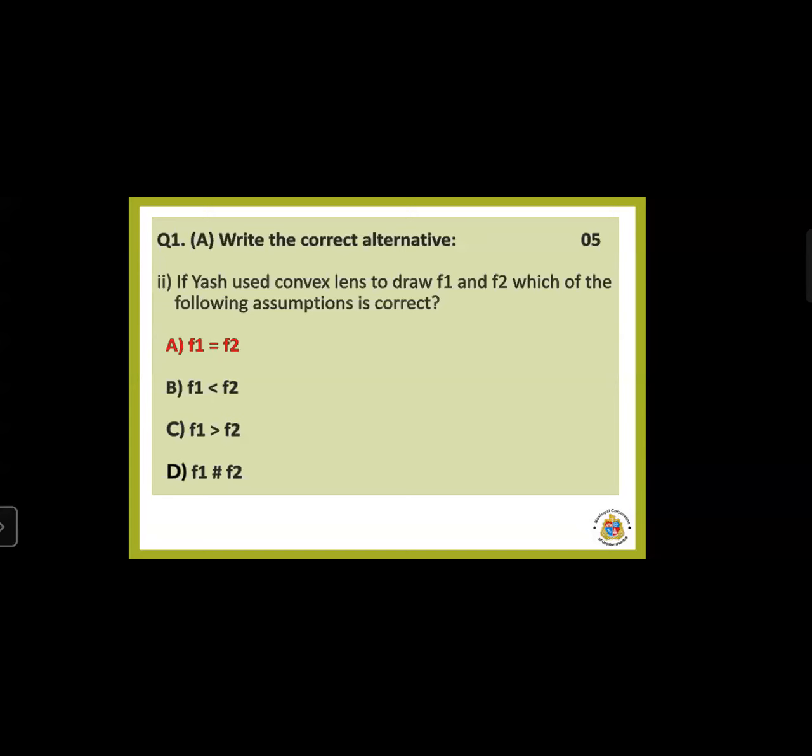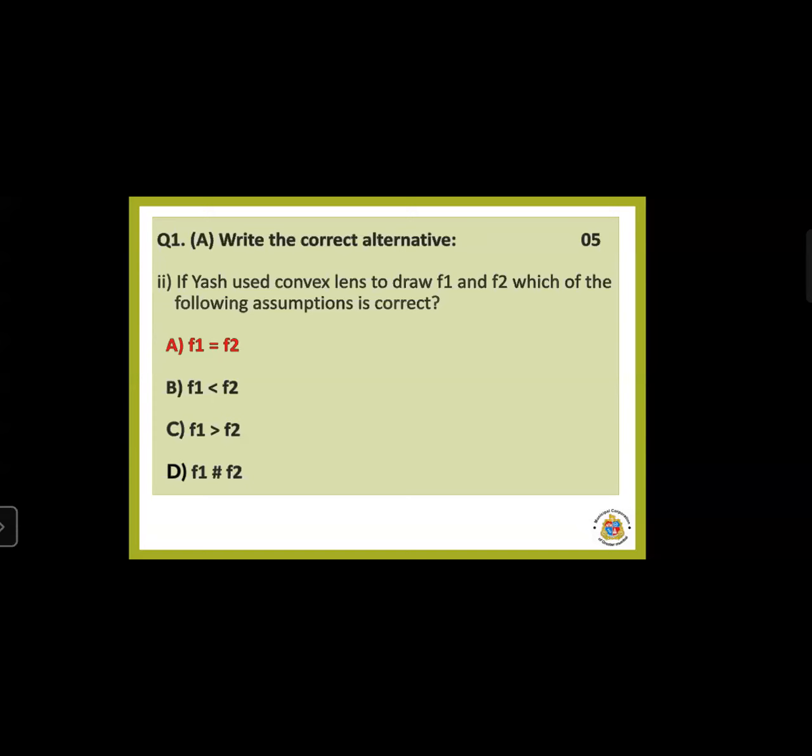To draw the focal lengths F1 and F2, which of the following assumptions is correct? If the focal lengths F1 and F2 are equal, both have the same distance.